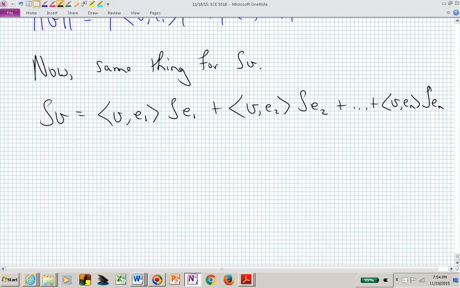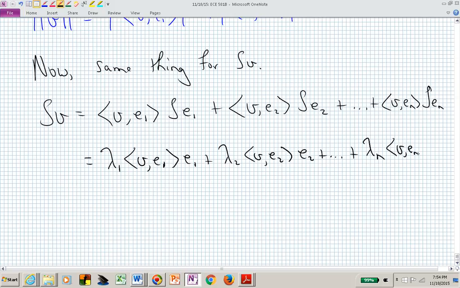Anywhere we have S E sub j, that gets replaced with lambda sub j E sub j, where lambda is a scalar, so that now we can say that that's lambda 1 times the inner product of V with E1 times E1, plus lambda sub 2 times the inner product of V with E sub 2 times E sub 2, and lambda sub n times the inner product of V with E sub n times E sub n.